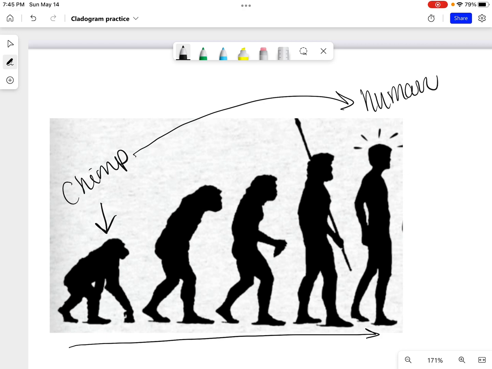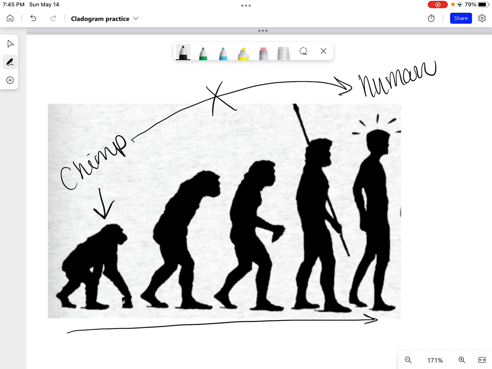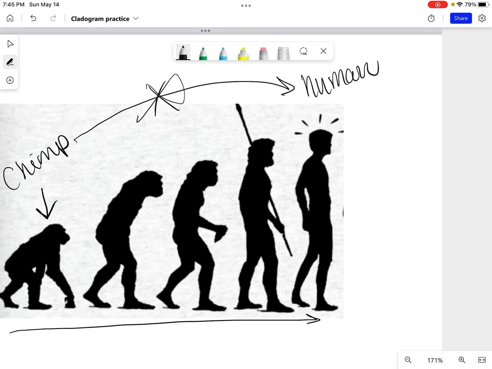Which is interesting, because the evolution of humans, as shown in cladograms, does not show that. And that's one of the main takeaways I want you to have from class today: chimps did not evolve into humans. Okay, let's look at what a more accurate representation using something like a cladogram would be.